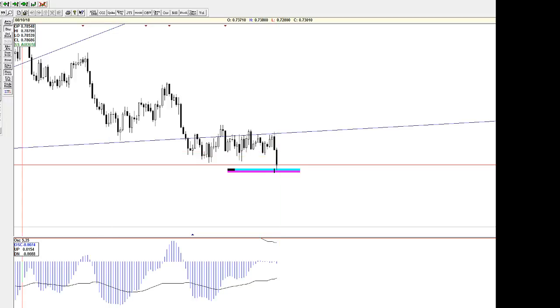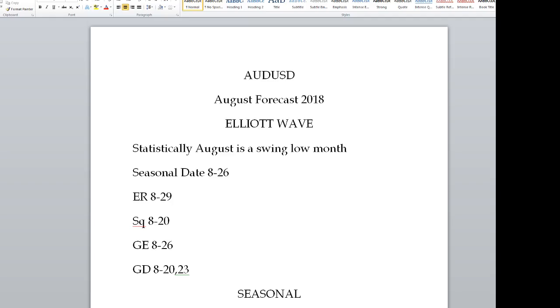Let's look at that. For the forecast of August, we're going to take this month by month. Statistically, August is normally a swing low month. Statistically, Aussie does a swing low most of the time in August.